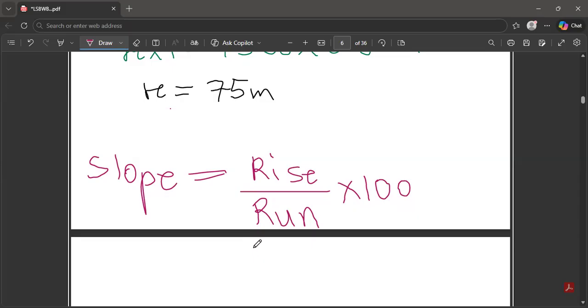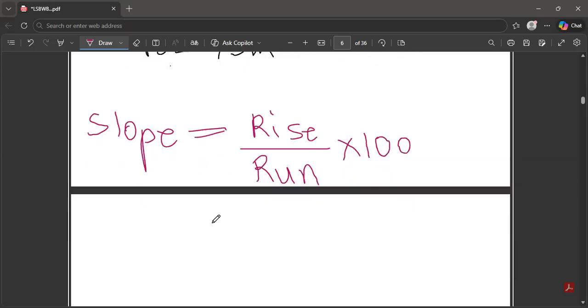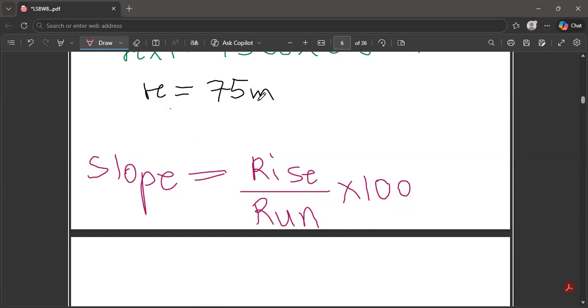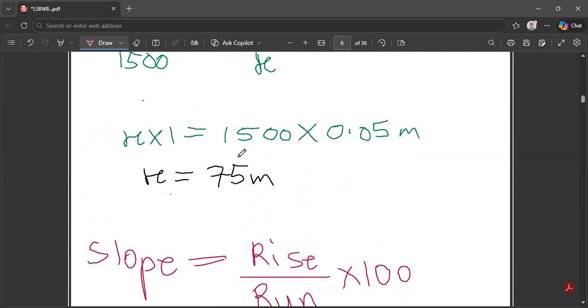Exactly. I believe that we all know our ground distance, and we all know our horizontal distance. Our horizontal distance is simply the 75 meters we calculated. So the 75 meters is the run.